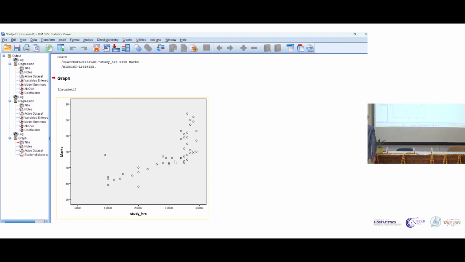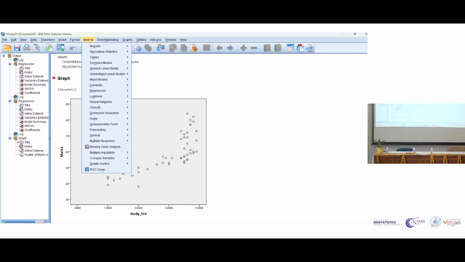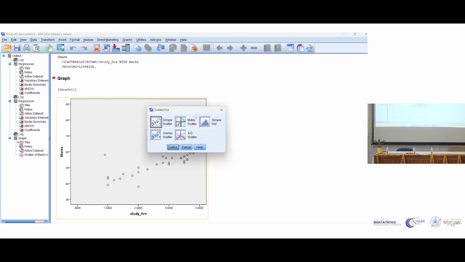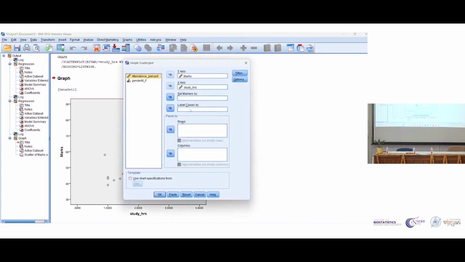The third one is gender. So go for another graph, legacy dialogs, scatter dot, and define, and now transfer it and bring gender. One thing should be taken care of.